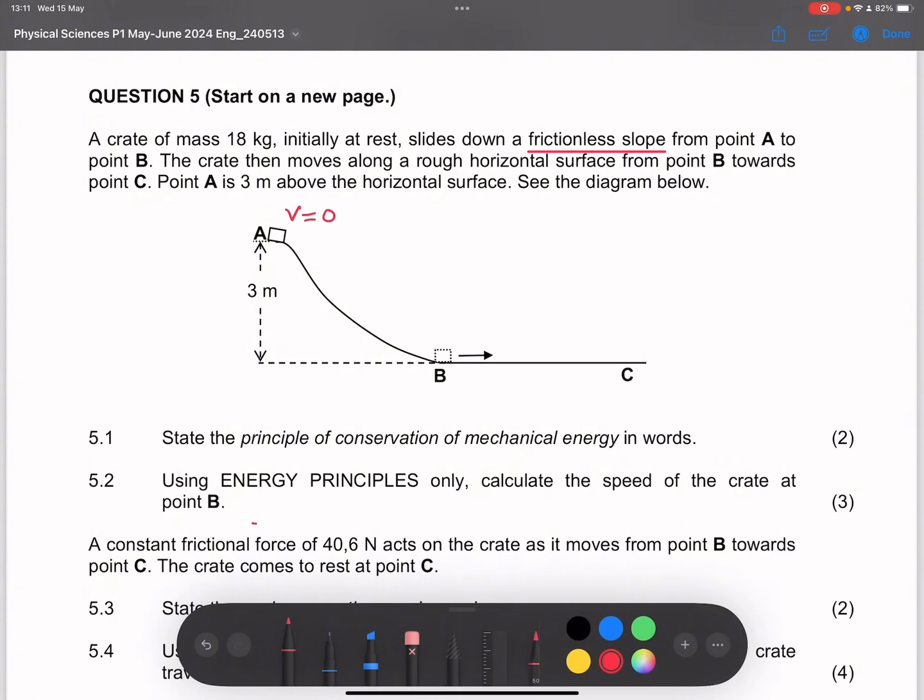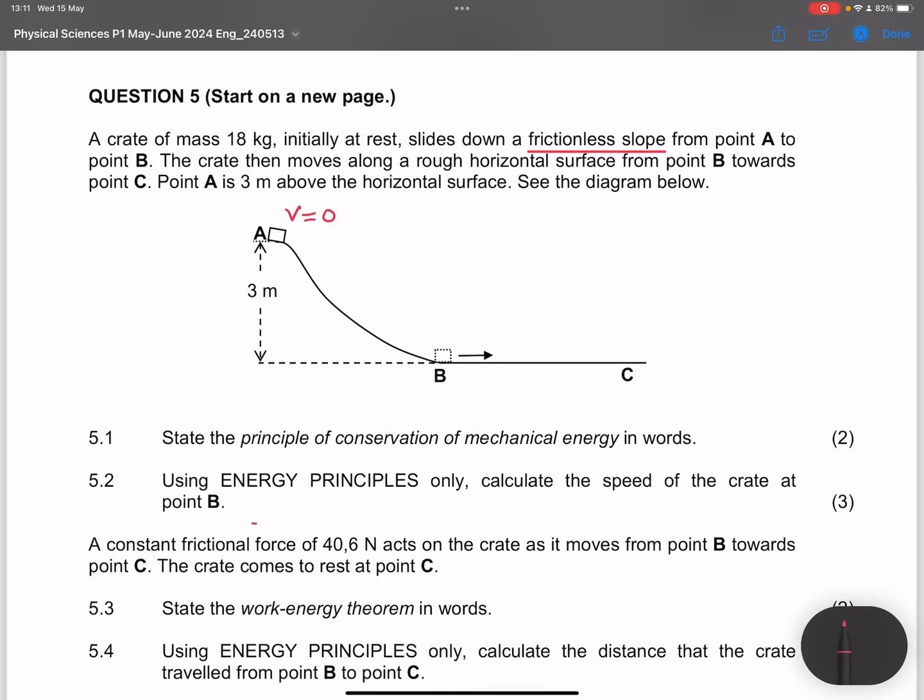So there's no friction there, and this crate is essentially just sliding. There's no applied force and there's no frictional force. Now they say to us, state the principle of conservation of mechanical energy. Very good that they are saying that, because remember, between A and B, we will apply the principle of conservation of mechanical energy.